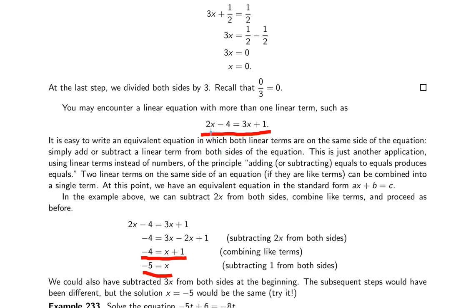And double checking, so 2 times negative 5 is negative 10. Minus 4 is negative 14. 3 times negative 5 on the right is negative 15, plus 1 is negative 14. So negative 5, that's a good solution.